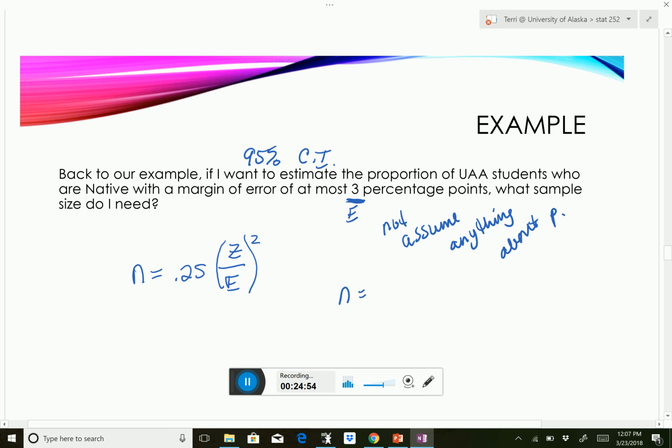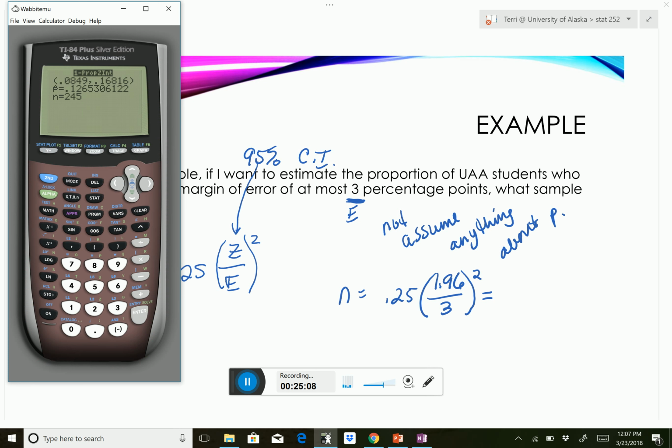So n is equal to 0.25 times, and my z with 95% is, you should be saying 1.96, I hope, over 3 squared. So I'm going to go 1.96 divided by 3, square that number, and then multiply by 0.25.